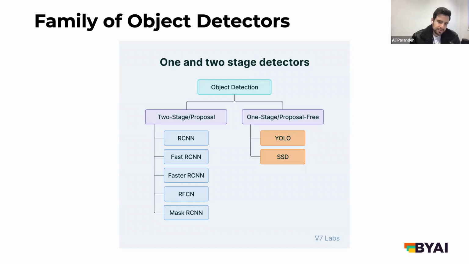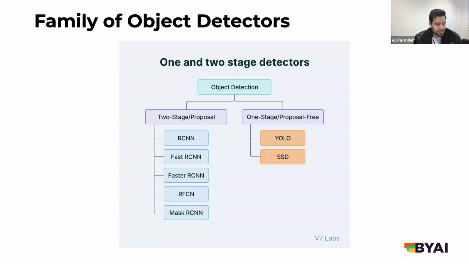So when we go into object detectors as an area, there are basically two families of object detectors. They are called one and two stage object detectors. The one stage object detectors are basically YOLO and SSD. YOLO stands for You Only Look Once, and SSD for single shot detectors.